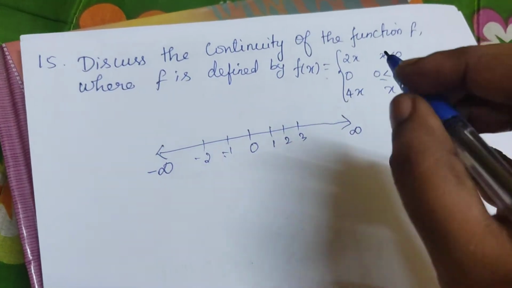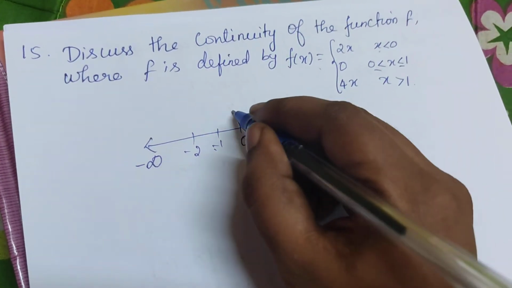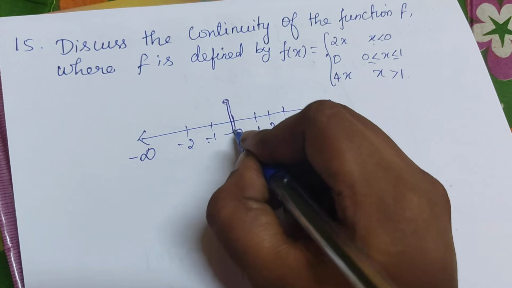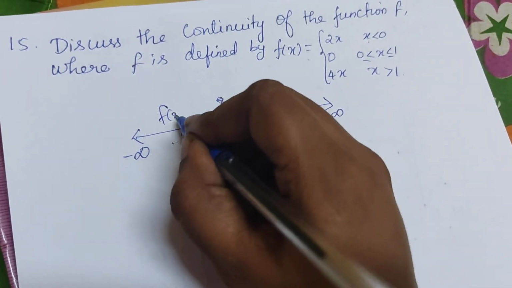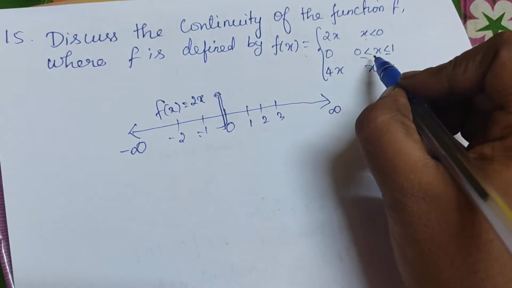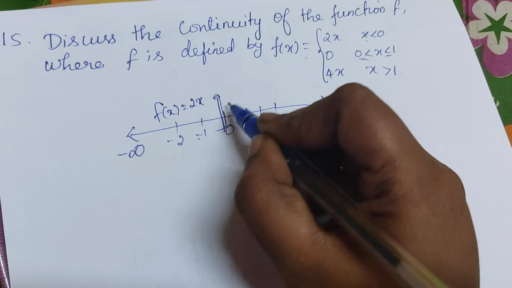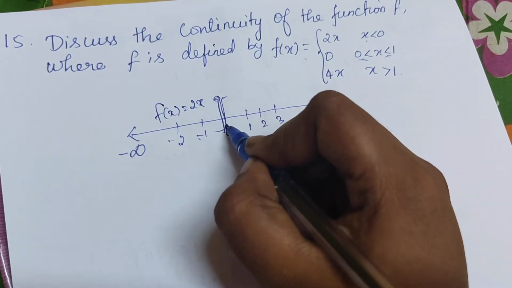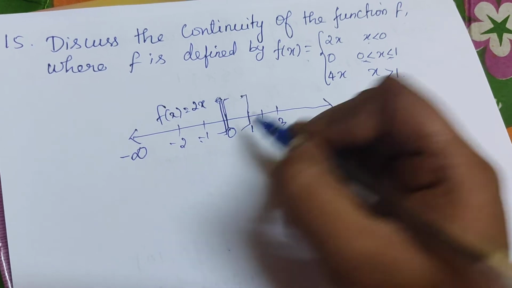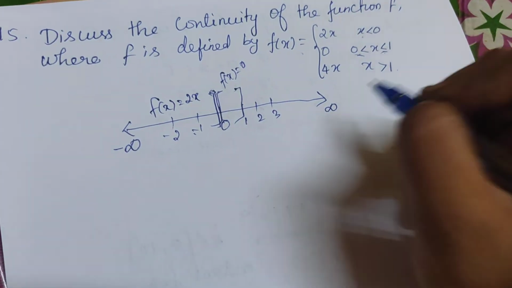Now here, when the value of x is less than 0, which means for all the values less than 0, the function is 2x. And when the values of x lie in the closed interval, which means you will consider 0 in that and 1 also in the interval, the function will be 0, which is a constant function.